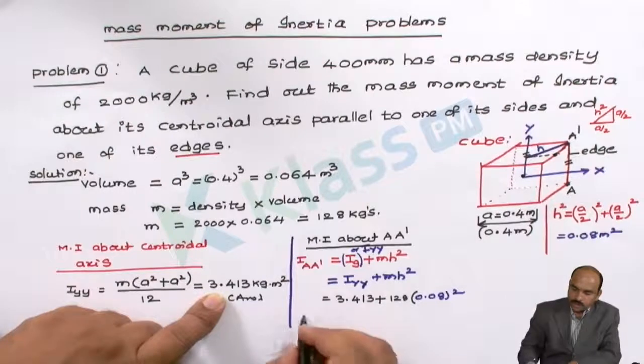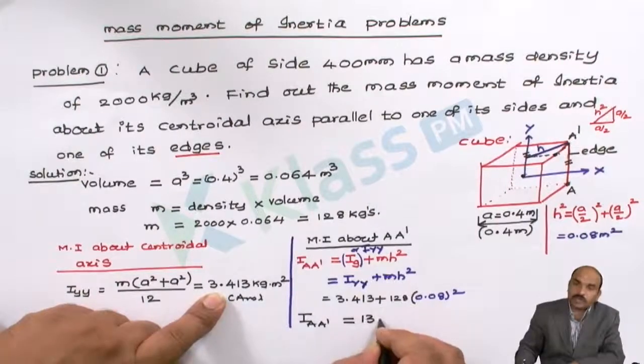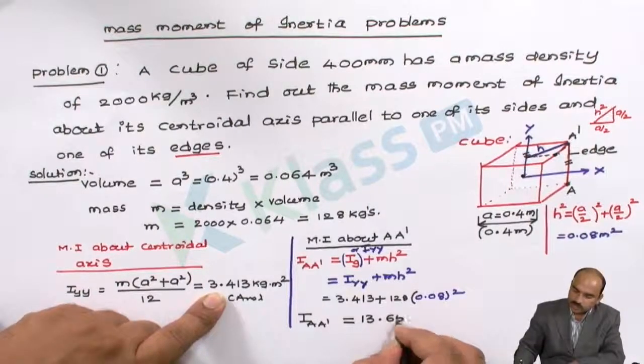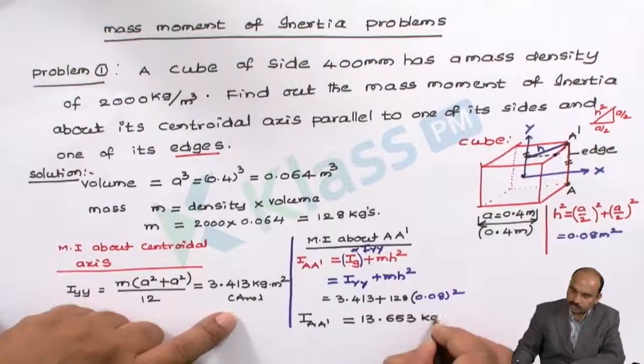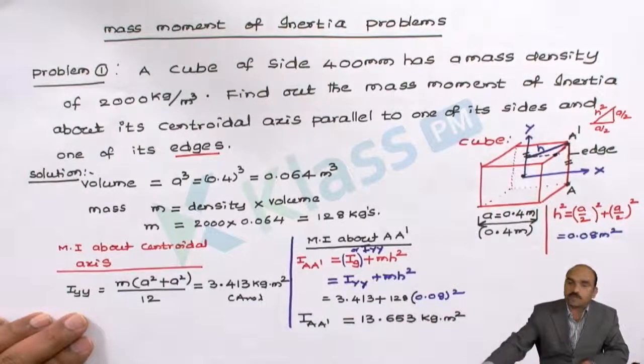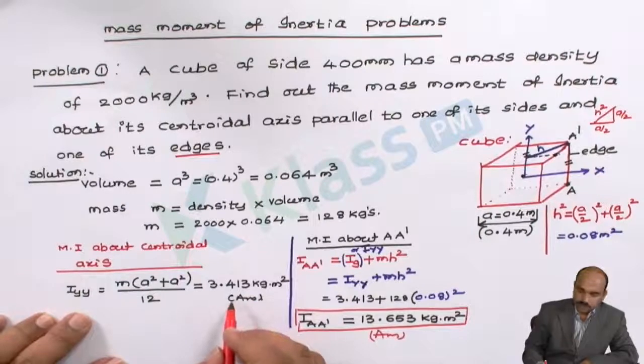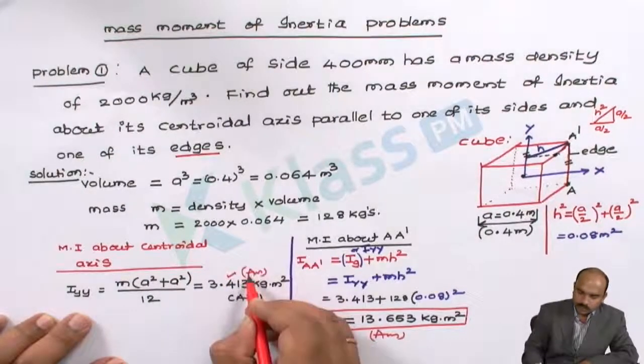Now the answer about A dash we are getting is 13.653 kg meter square. So this is the answer for the second bit, and that was the answer for the first bit.